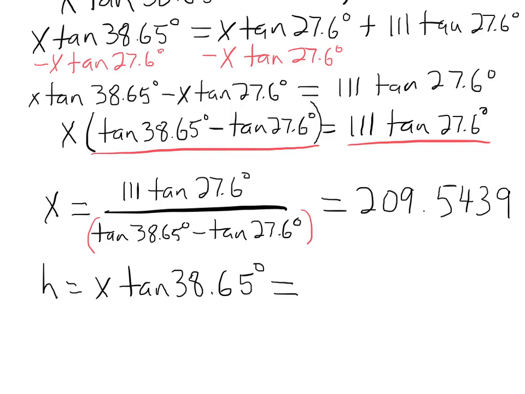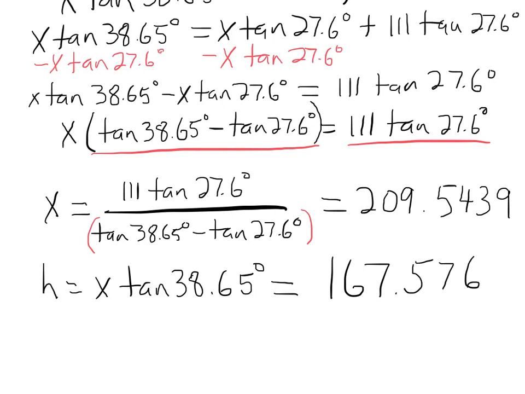So what's on my screen right now is the whole 209.5 decimals. I'm going to just take that and multiply it by tangent of 38.65 degrees. In this way I haven't lost any information. And I get 167.576.